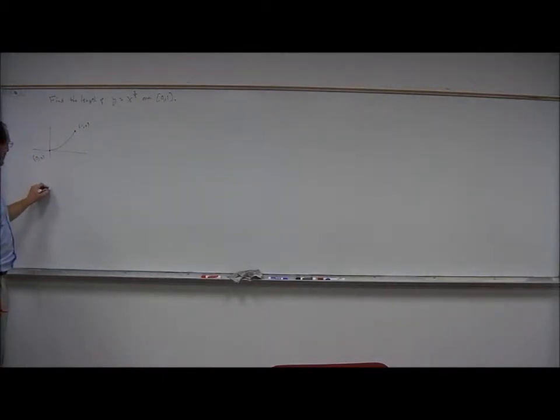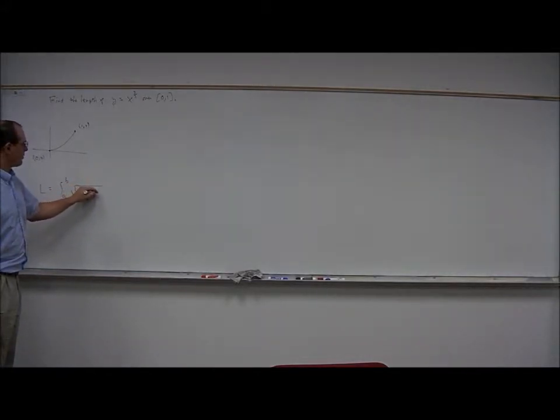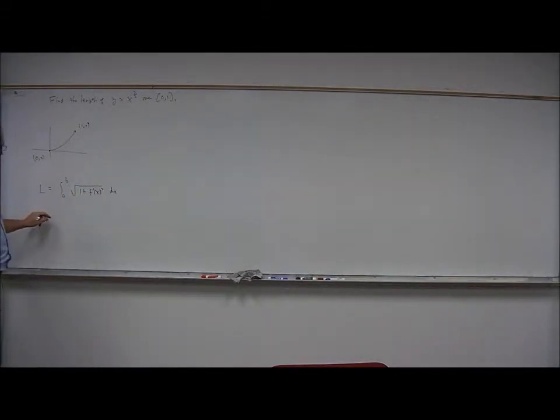The formula for finding the length is the integral from a to b of the square root of 1 plus f prime of x squared dx. So in our problem, f of x is x to the 3/2, and so f prime of x is 3/2 x to the 1/2.